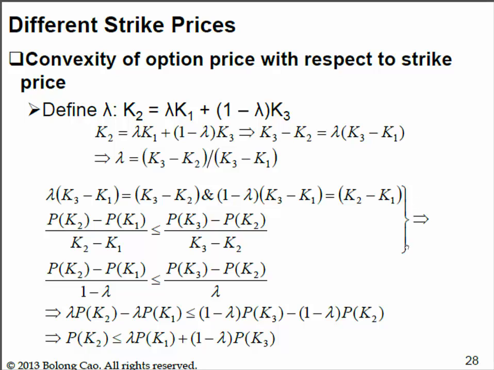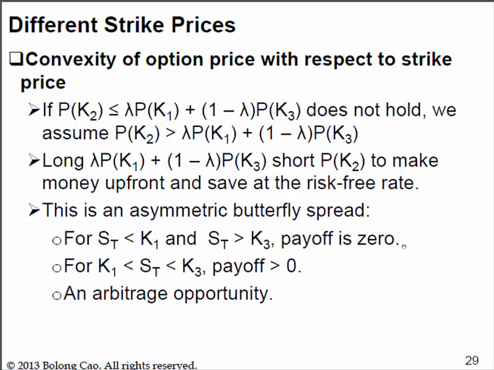What does it do for us? This is our conclusion: this inequality has to hold, and it gives us the convexity. To prove that it has to hold, we assume it's not the case. We assume this middle strike put premium is actually higher than the average premium for the high and low strike prices.